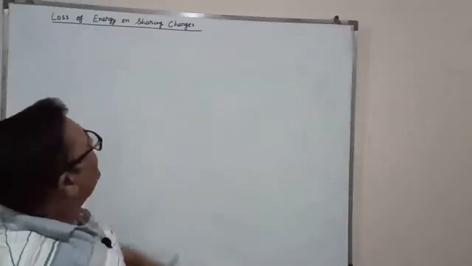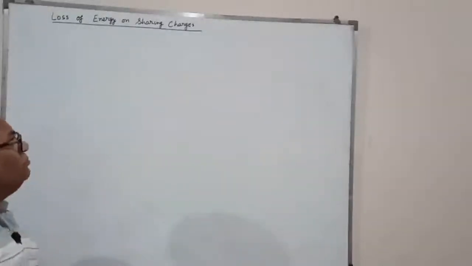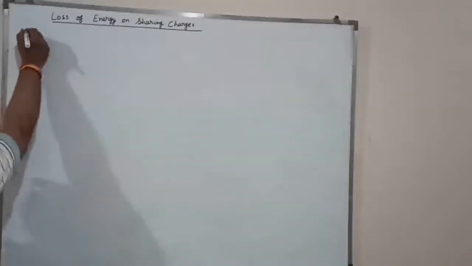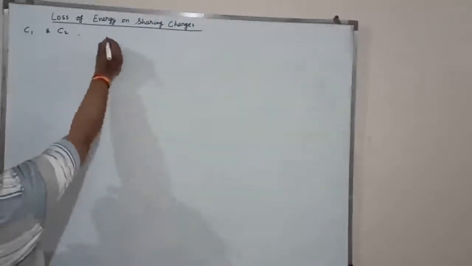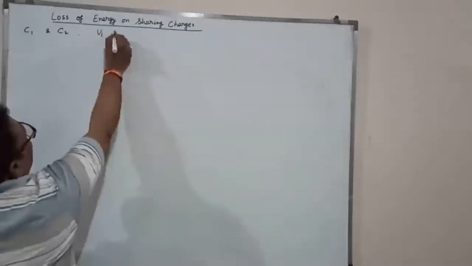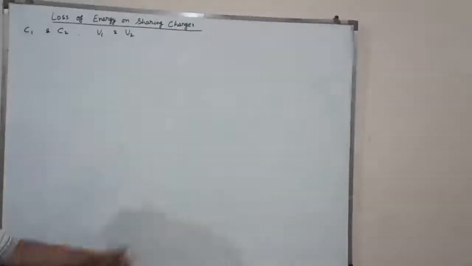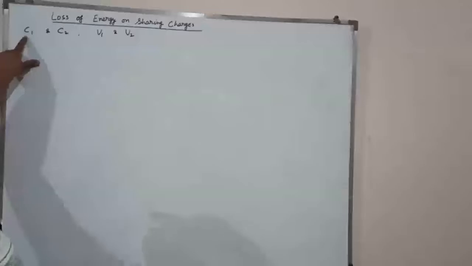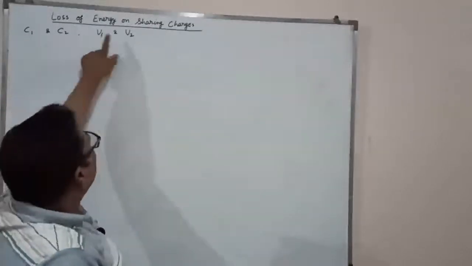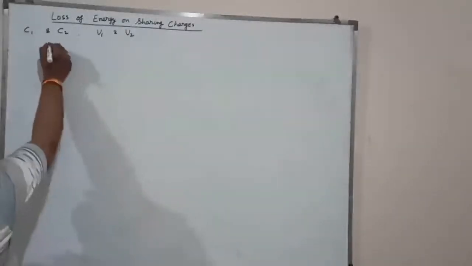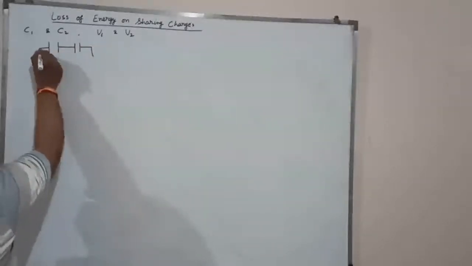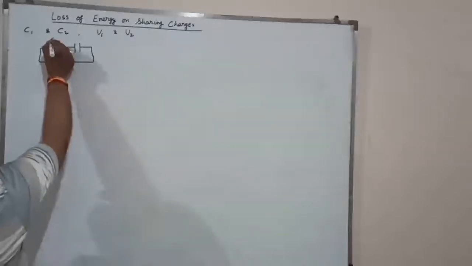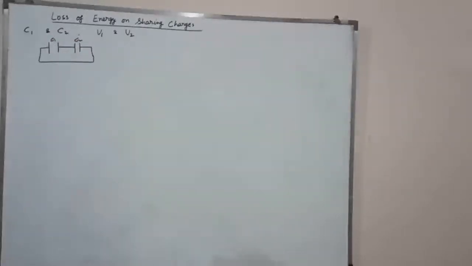The question is loss of energy on sharing charge. Let there be two capacitors C1 and C2. C1 is charged with the potential V1 and C2 is charged with the potential V2 respectively. Then these capacitors are connected with a connecting wire. This is C1 and this is C2.